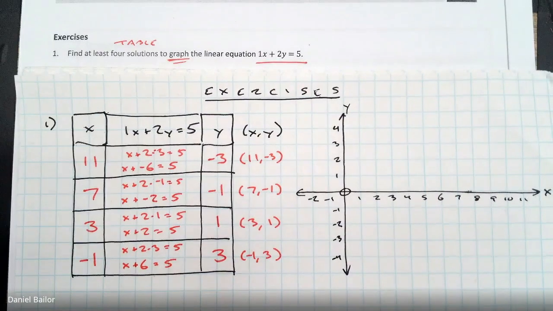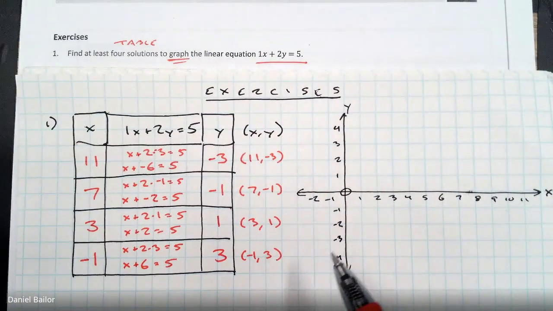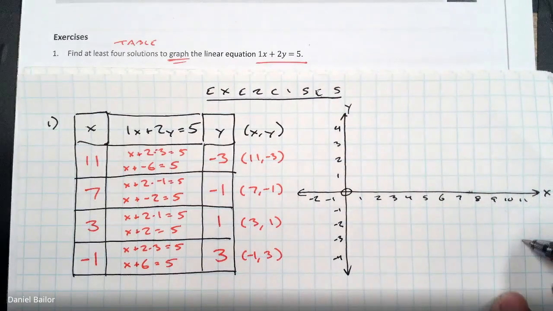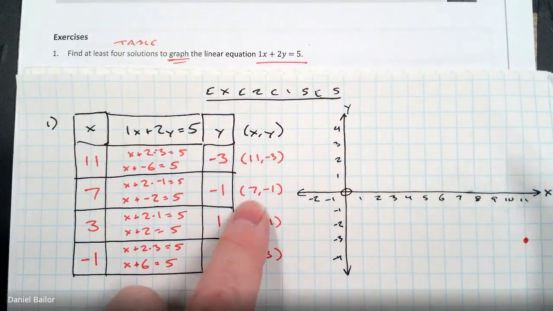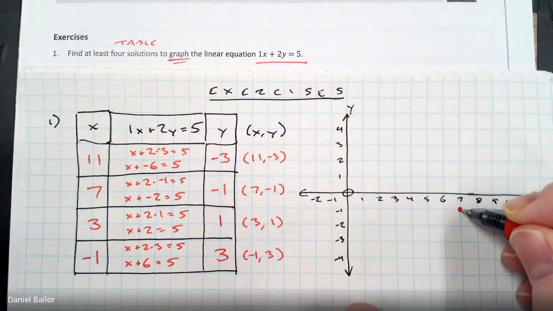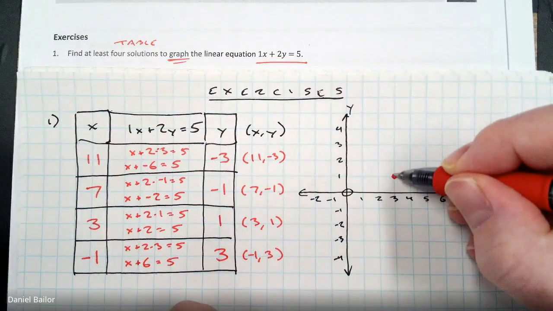There we go. The graph is built, and you can see that I planned it out pretty well. So all these x's are on the graph, and all these y's are on the graph. Let's start graphing. First one, 11x and -3y, so it's right there. 7x and -1y is right here. 3x and 1y is right here.